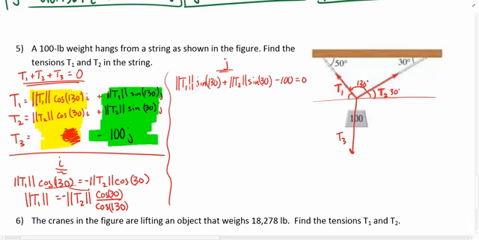So all I did there was I listed these three components that are highlighted in green. Those, when added together, should equal 0.